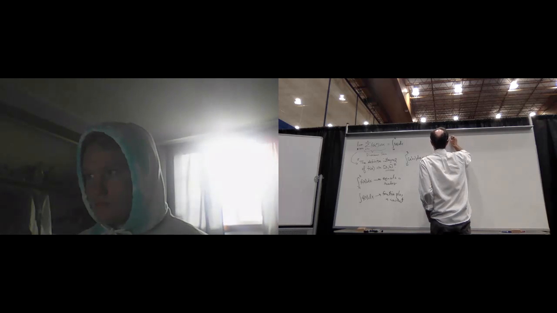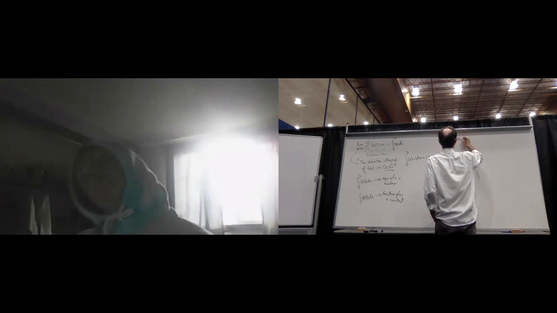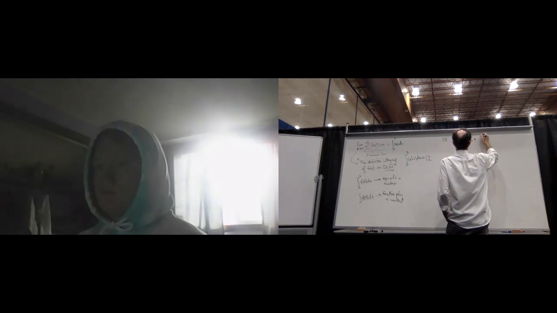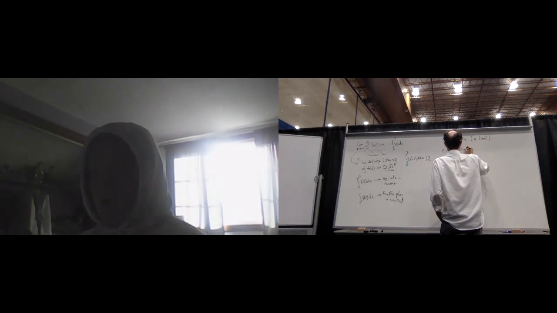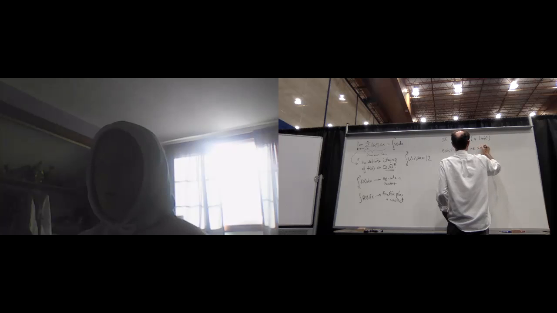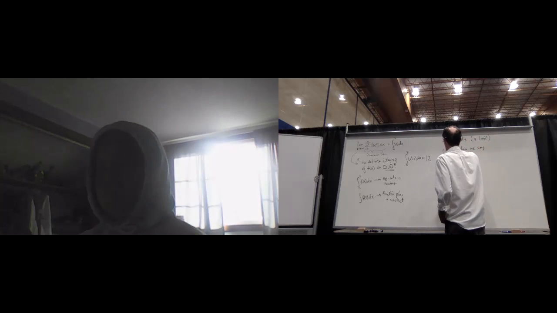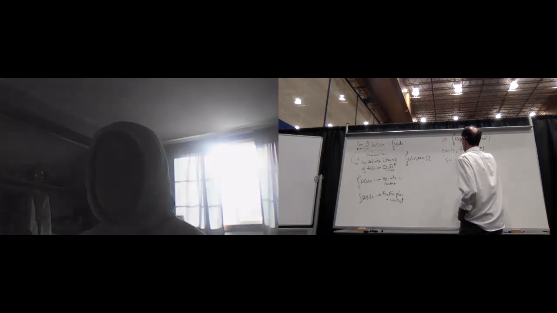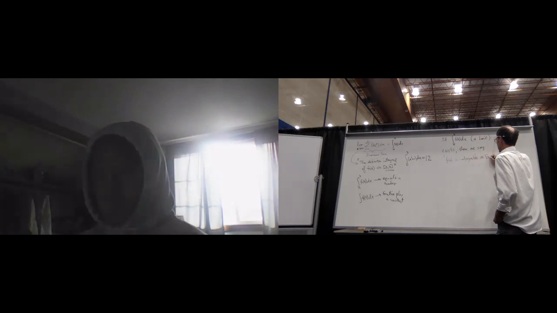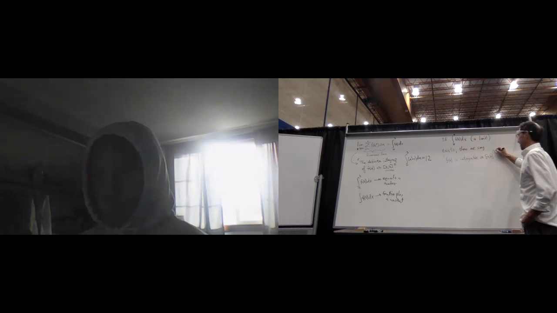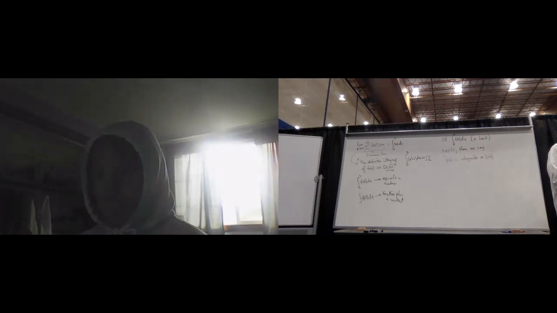If the integral from a to b, which is actually a limit, exists, then we say f of x is integrable. It has an integral on our interval, which is a to b, if the limit exists.